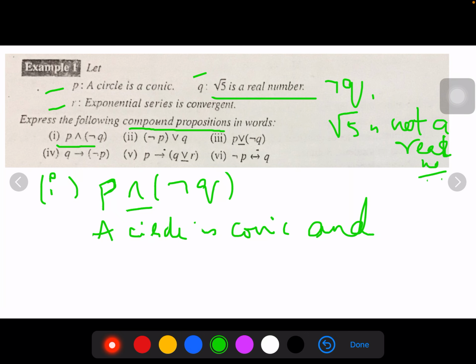That you have to write here. In a similar way you have to try for all of these. Appropriate keywords are to be used for all these connectives in compound propositions. You can just replace the value in the appropriate place. Try yourself.